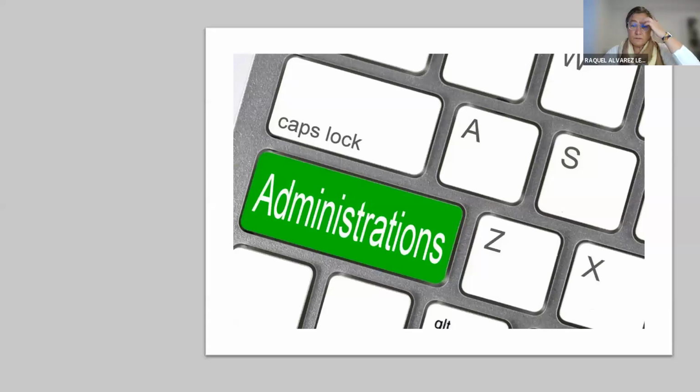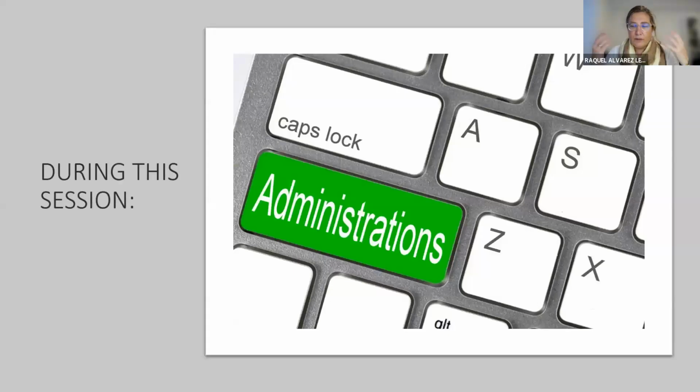So first of all, it's important to remember that in the previous unit 1 of Dexway, we were talking about how to create a company, the history of the company, what kind of products or services you are offering to your potential clients, etc. And in this unit 2 of Dexway, we are going to talk in general about administration.